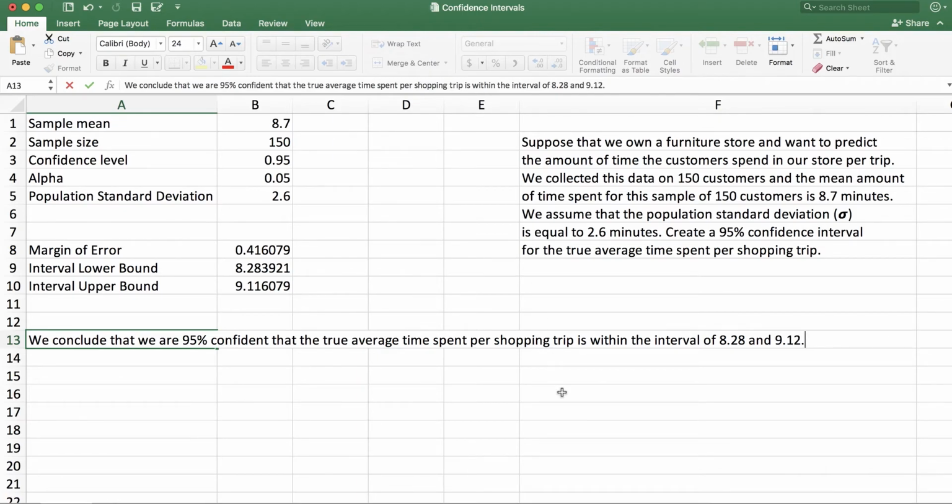Okay, so we are going to say that we are 95% confident that the true average time spent per shopping trip is within the interval of 8.28 and 9.12.